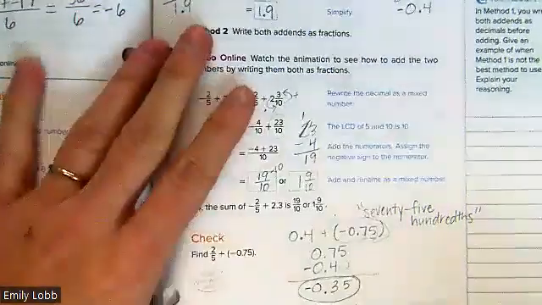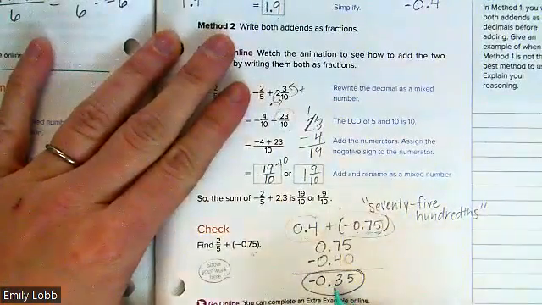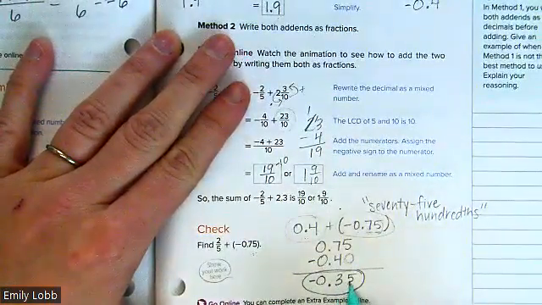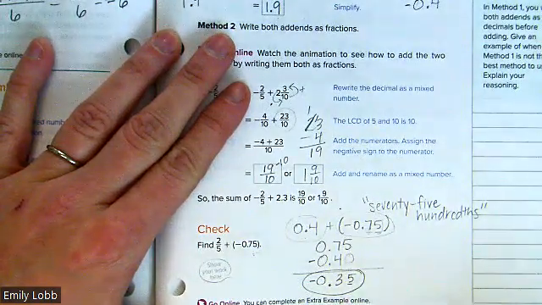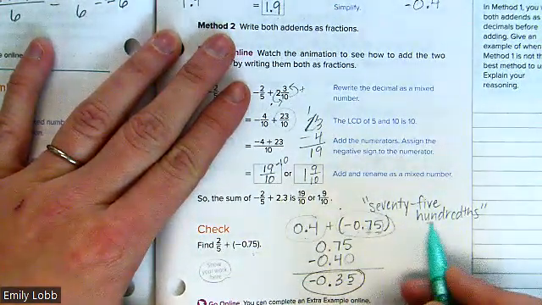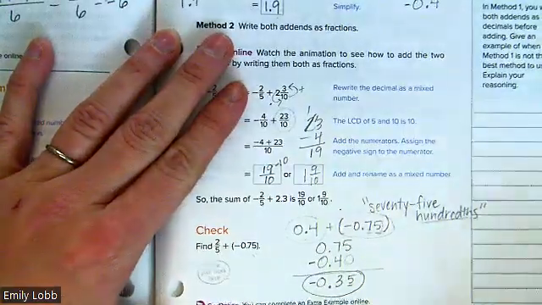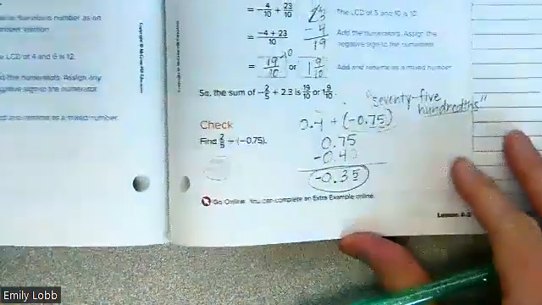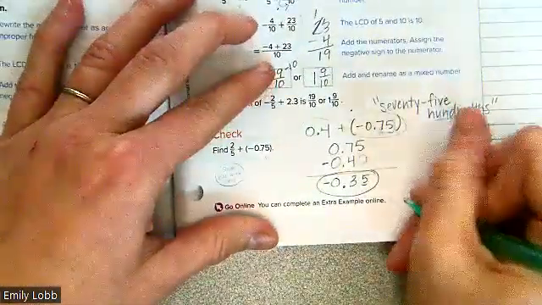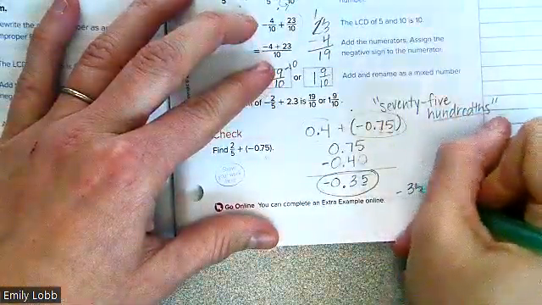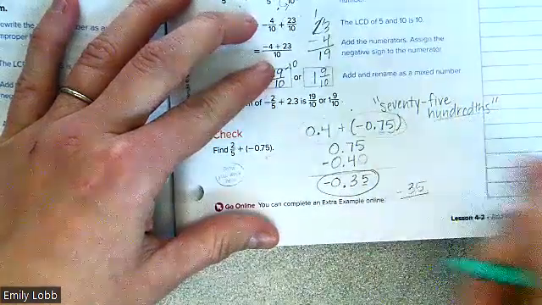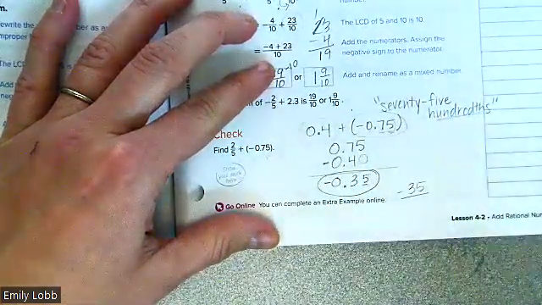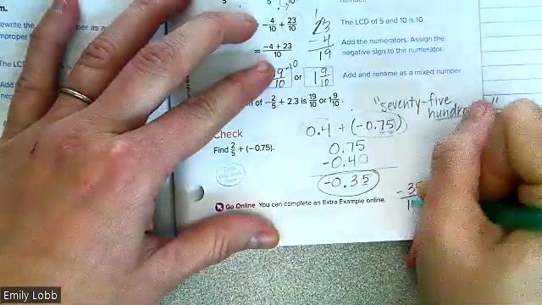How would I read this? Negative 35 hundredths. So again, I'm saying this number, 35, and whatever place the last number is in, that's what I'm reading as its place. If I wanted to write this as a fraction, I would write negative 35 and then literally hundredths, so out of 100.